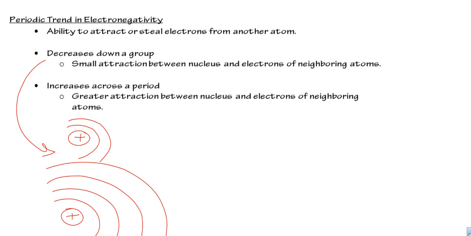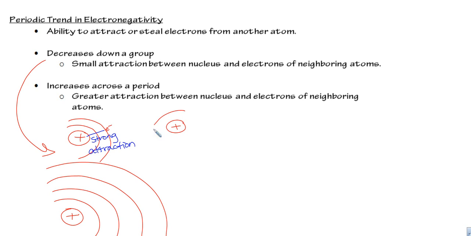And so we would say something like, well, these small atoms are going to have a strong attraction for their own electrons. So let's put a little electron in here. Cute. But now let's say there's a neighboring atom. Okay, so here's another atom.